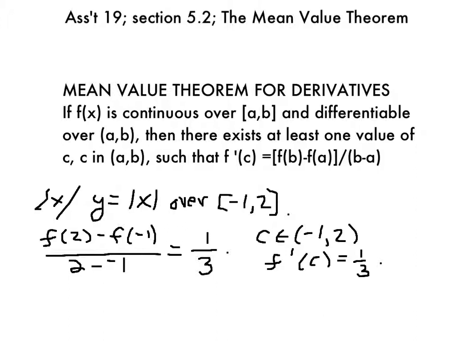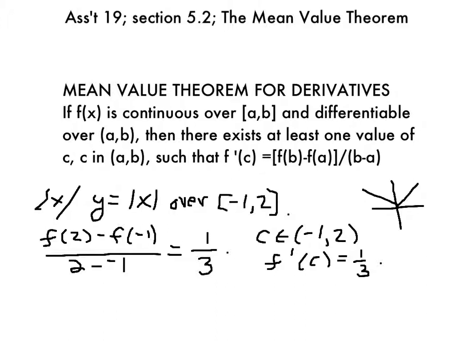And when you think about the graph, here's a little tiny graph of the absolute value of x. One of the things we recognize is that when x is greater than 0, the derivative is 1. When x is less than 0, the derivative is -1. And the derivative never is 1/3.